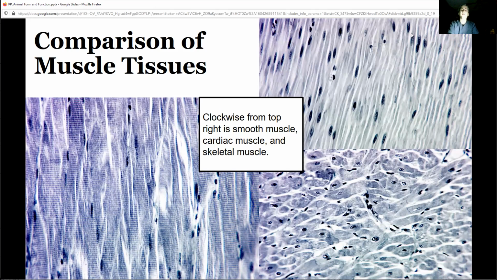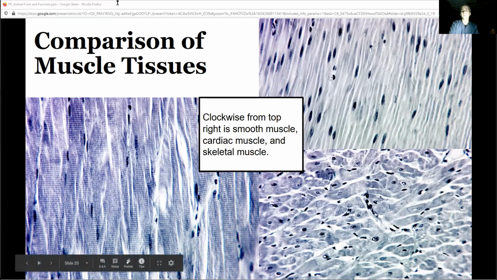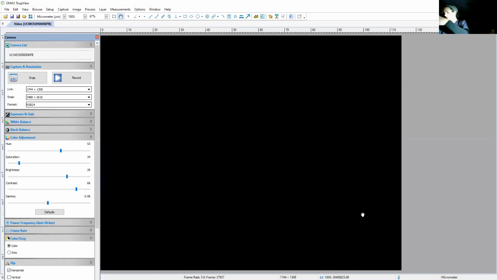So starting at the top right, we have smooth muscle, cardiac muscle, and then skeletal muscle. Let's go ahead and check those out. So right here, let's go back to the microscope real quick. Let's go ahead and zoom in some more.